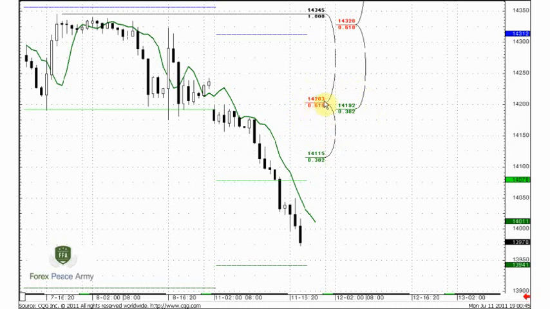That's an area to watch for if you're a day trader, if you have the bearish bias. If you're a scalper or intraday trader, you can search for buy signals around the 139.40, 139.30 area, because this is also the weekly pivot support.